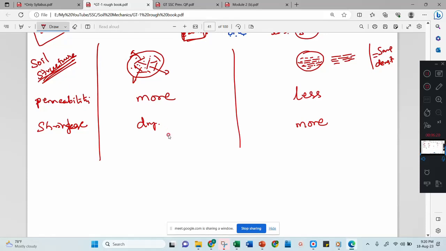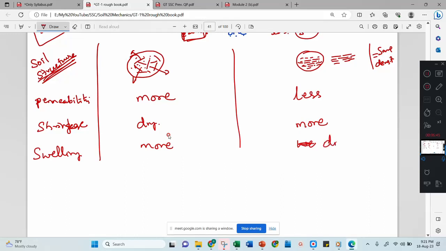Then we have swelling. Shrinkage and swelling are completely opposite to each other. Directly we can give here, that is more swelling on the dry side and less swelling on the wet side.